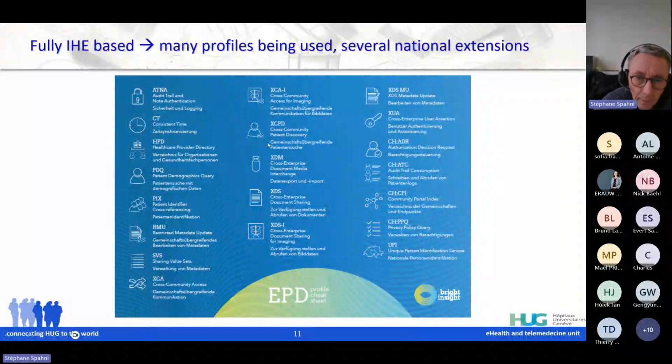So part is standard, according to the international IHE profiles, and some specializations, what we called volume 4 for the IHE profiles, or specific Swiss profiles.